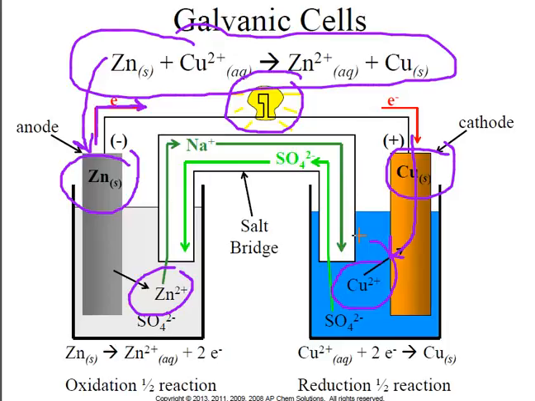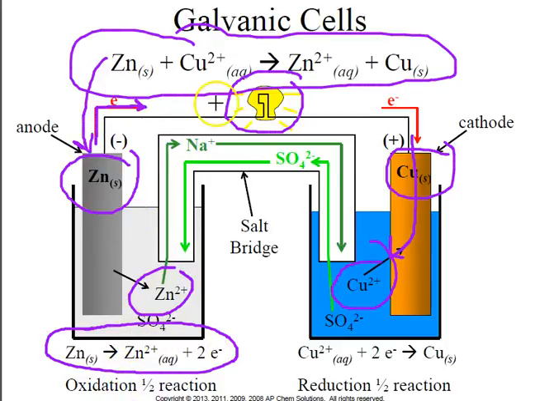Now, there's a lot going on here, so we'll take it piece by piece. Over here on the left, you have the zinc losing electrons. So we say it's being oxidized. And you have the half reaction going on down here. On this side, the zinc solid is losing 2 electrons to become zinc plus 2.